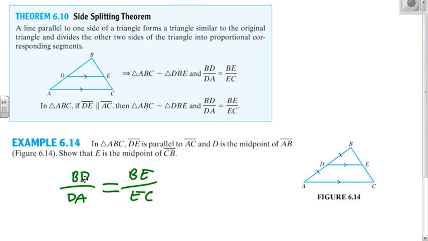But then by saying that BD and DA are the same length, because it was a midpoint, that becomes 1 to 1, which means BE has to equal EC, you could by cross multiplying, and therefore E is a midpoint.